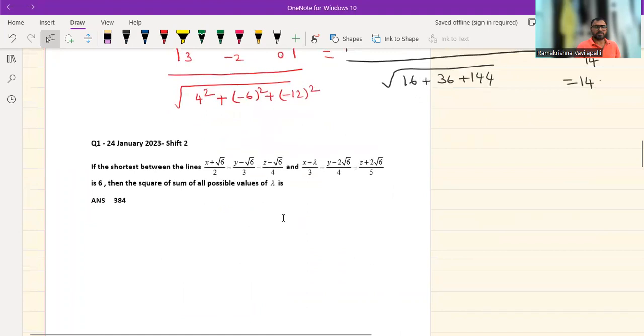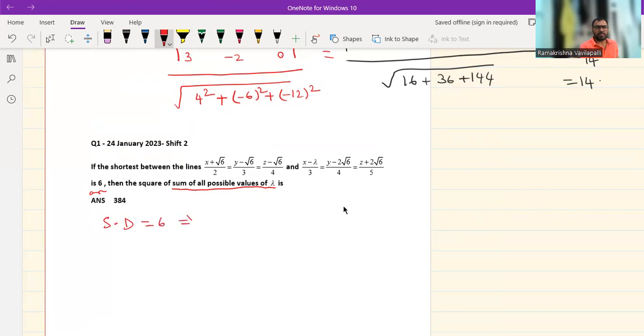So another question asked in January 2023 by involving so many roots, but this question is little different. They have given that shortest distance between the lines is 6, and they are asking what is the sum of all possible values of lambda. Okay, so here given that shortest distance equal to given as 6.